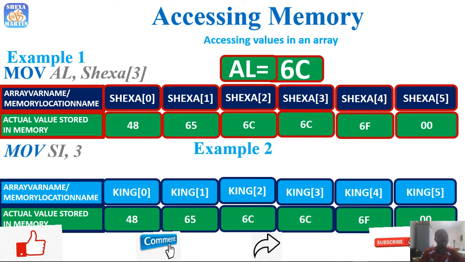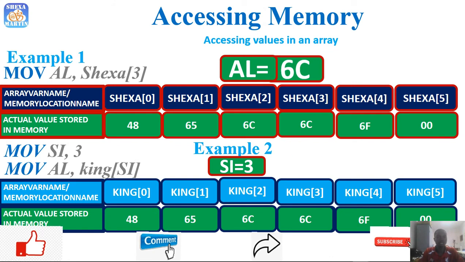So here let's use SI like that. This is the instruction that we are talking about. Move SI, 3, and this is what happens with this instruction. We are moving the 3 decimal value into the SI register, which is source index, right?